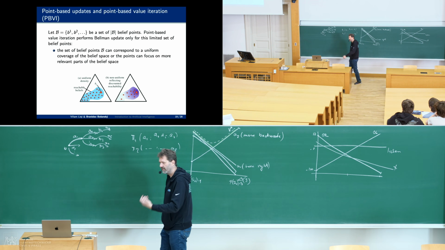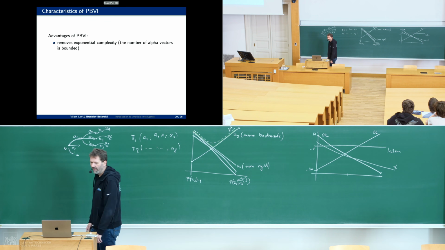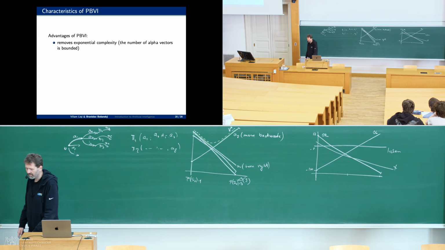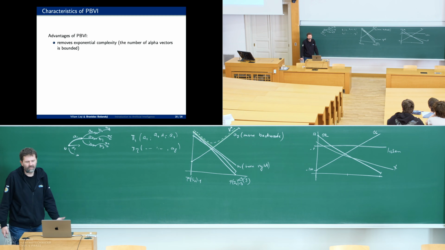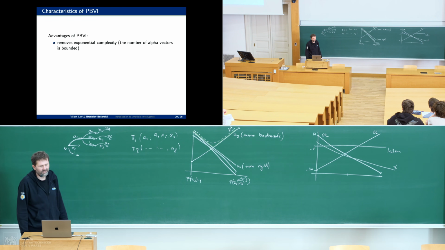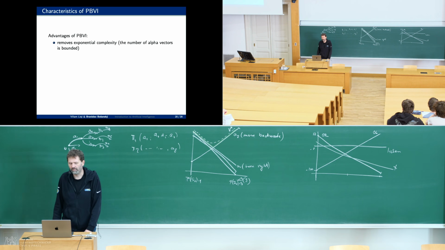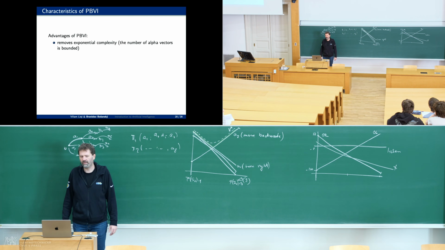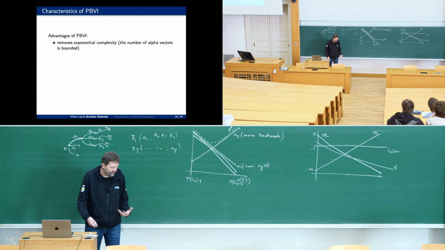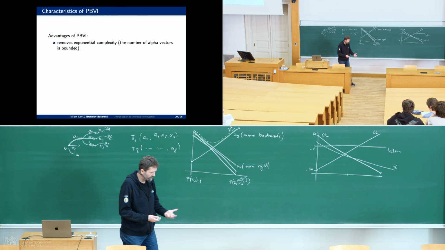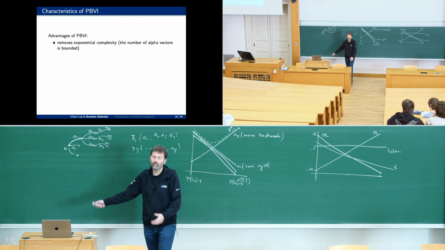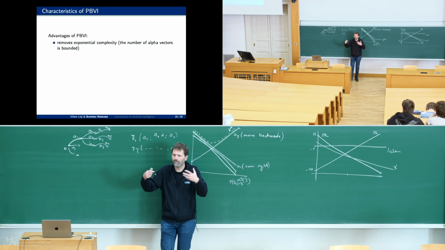Right, so this is the general idea, and this is basically the first practical algorithm for solving POMDPs, and it removes the computational complexity of storing all the alpha vectors. It will not remove the computational complexity from the update step.